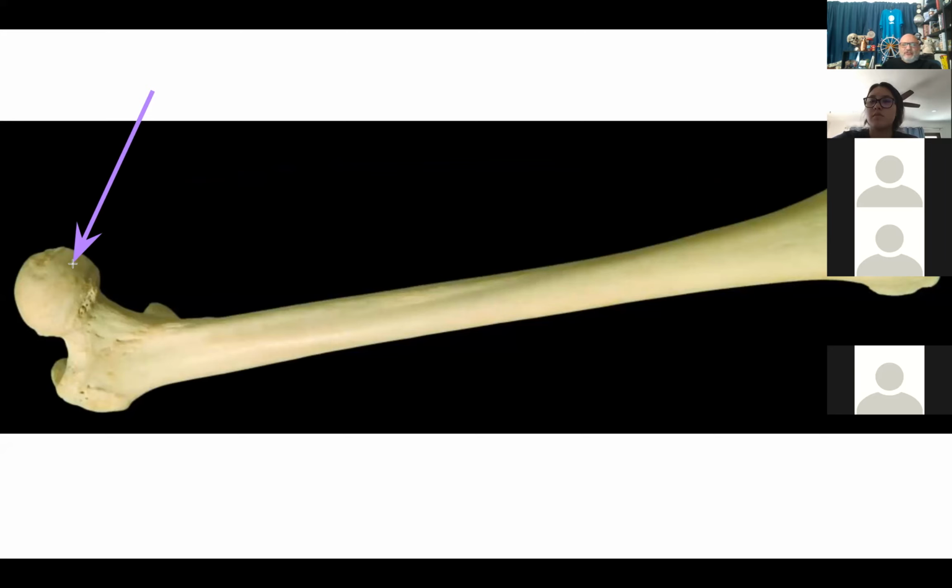And what would your answer to that be? Femur and femoral head. Excellent. Femur and femoral head. I could ask you to identify whether it is right or left. And is this right or left? That is the right. It is indeed the right. But I could also ask you, and in this case, I would ask you, identify the skeletal feature that articulates with this bone feature.